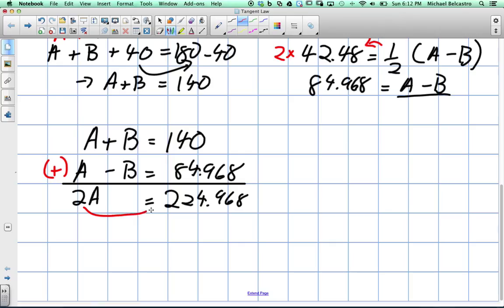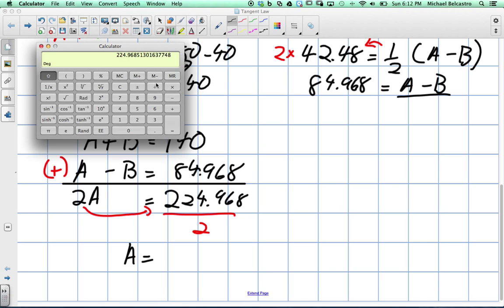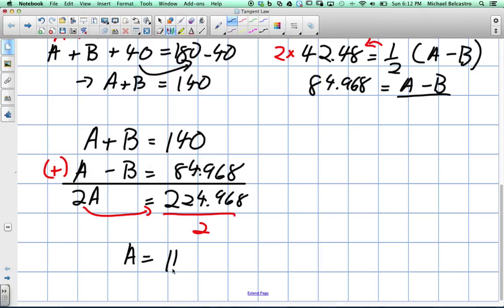Which means when we bring 2 over, we'll divide by 2. A will equal 224.968 divided by 2, which is 112.48, so we'll say 112.5. So that means angle A is that in degrees, which is great because we can now find angle B since we have two of them.